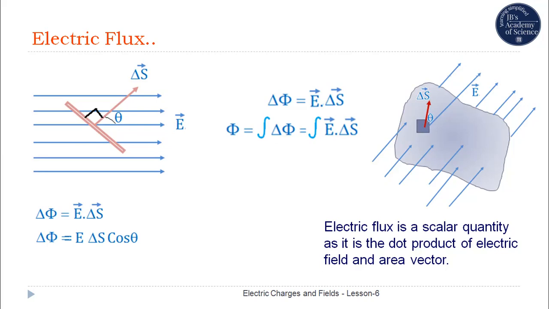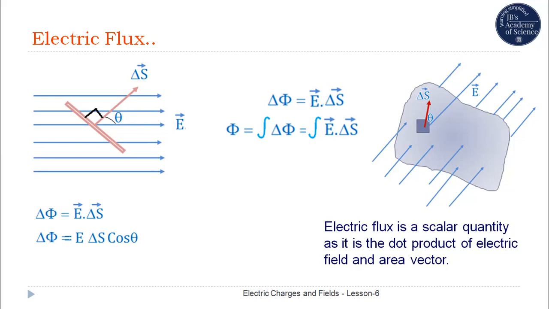Now consider a large area which is placed in an electric field E. How to calculate the electric flux through the whole area? If it is an irregular area, it is difficult to calculate. In such a case, we consider a small area delta S, find the electric flux through the small area, then integrate.